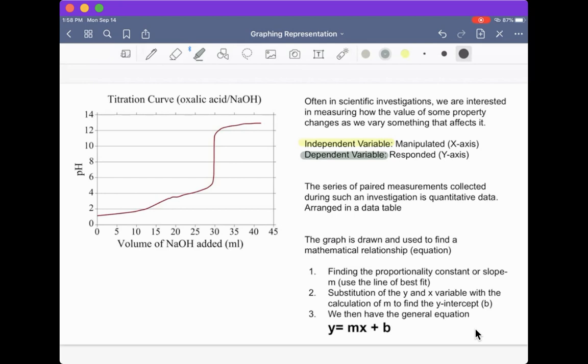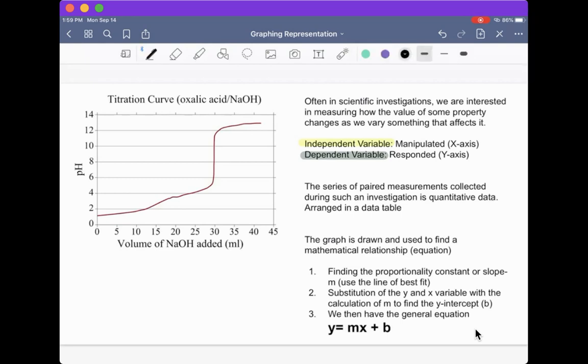Okay, so when we do these things, we usually create a table, and we have our X and our Y values. So our responding, measured variable is always going to be the outcome of the function, so the Y, where what we are manipulating in the lab, what we physically as scientists are manipulating, is our X. It is the input, what we're putting in, and the dependent is the output.